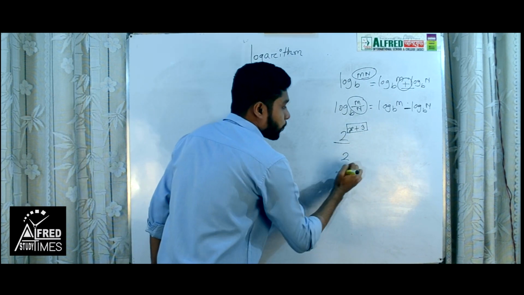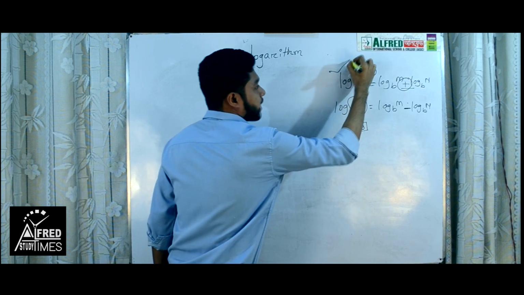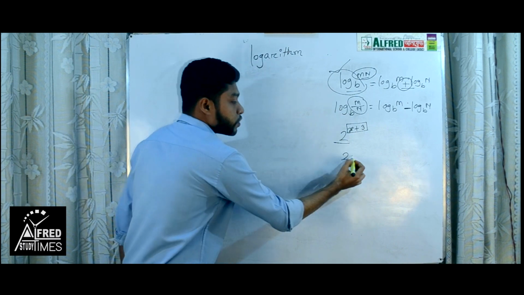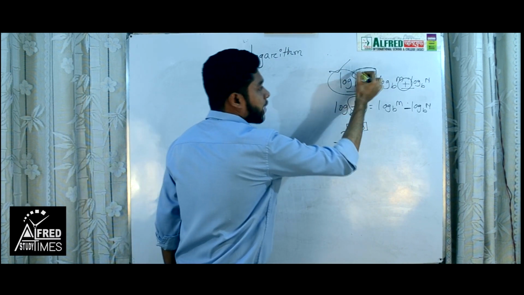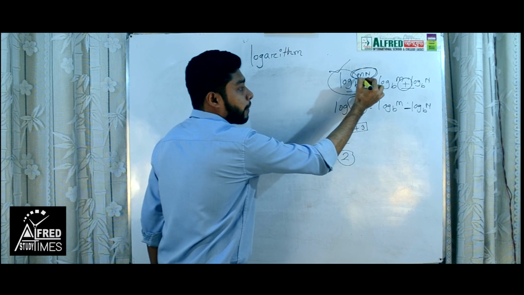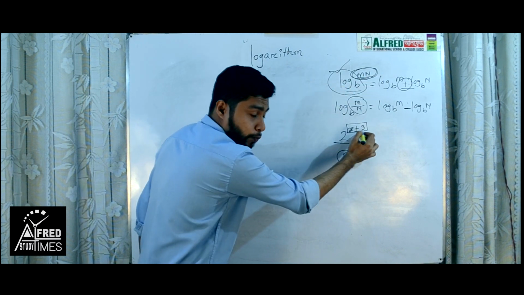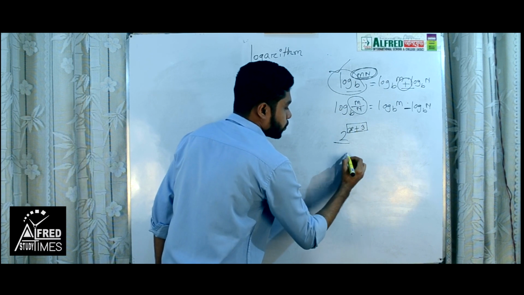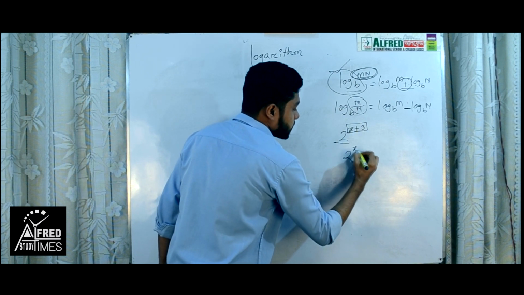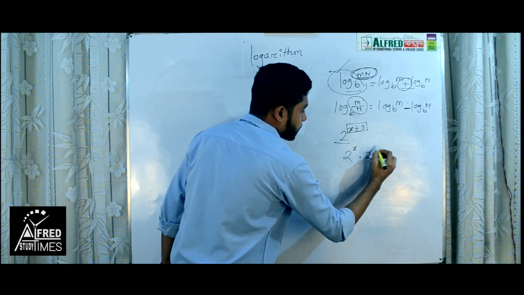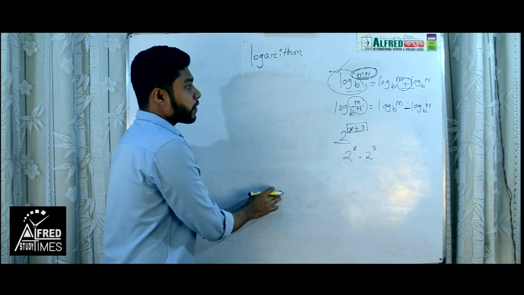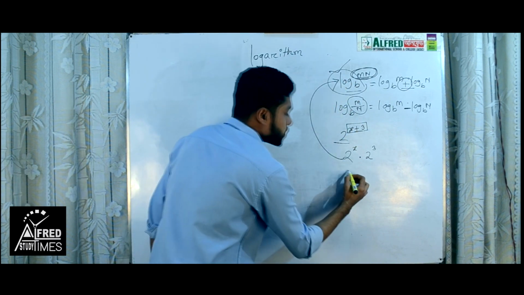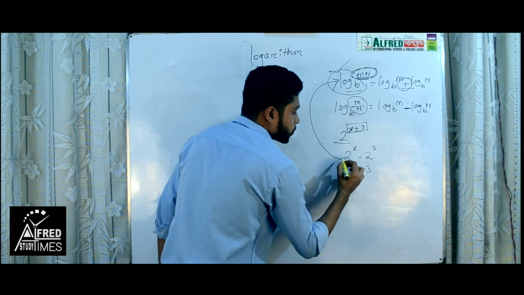This base we will write like this, because this is my base log b, and here the base is 2 and the power is m n, and here is multiply but the sign is positive, so we write here 2 to the power x into 2 to the power 3. Okay, you can write like this, it will be same, both are same. Here is 2 to the power x plus 3, so we can write here.